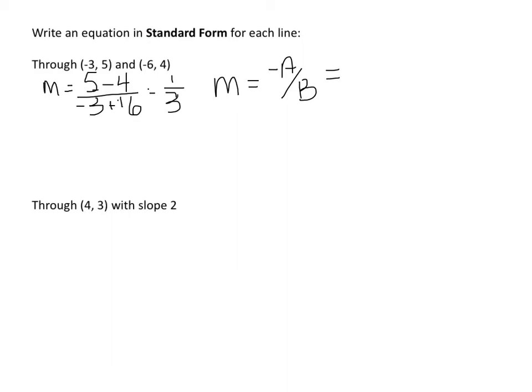And negative a over b is 1/3. And I remember that a is not allowed to be a negative value, so I can actually make b negative. So from here I can say, okay, well a is 1 and b is -3. From there, I can choose either point that I want as x and y to find that c value. And truthfully, it doesn't matter which.